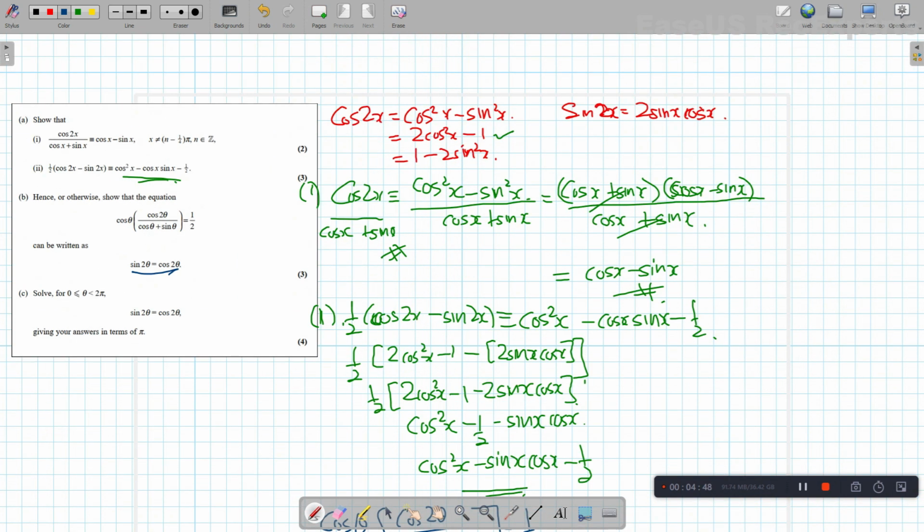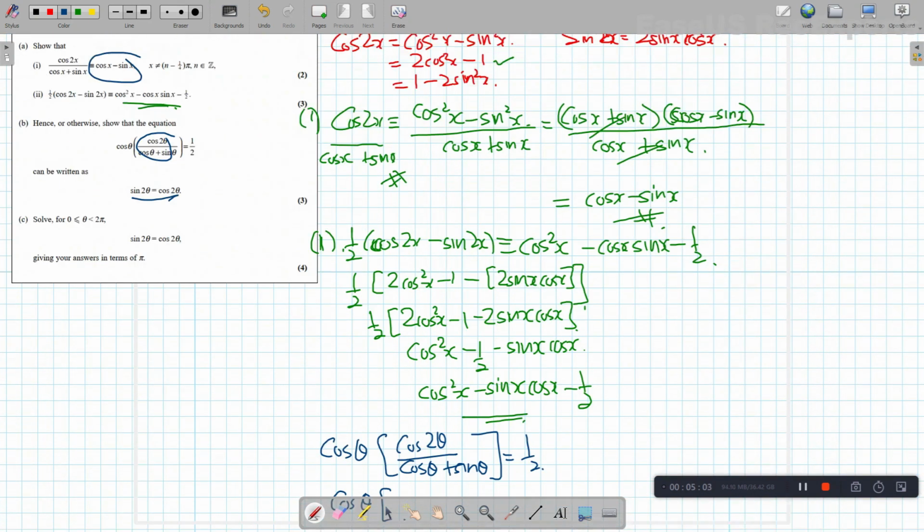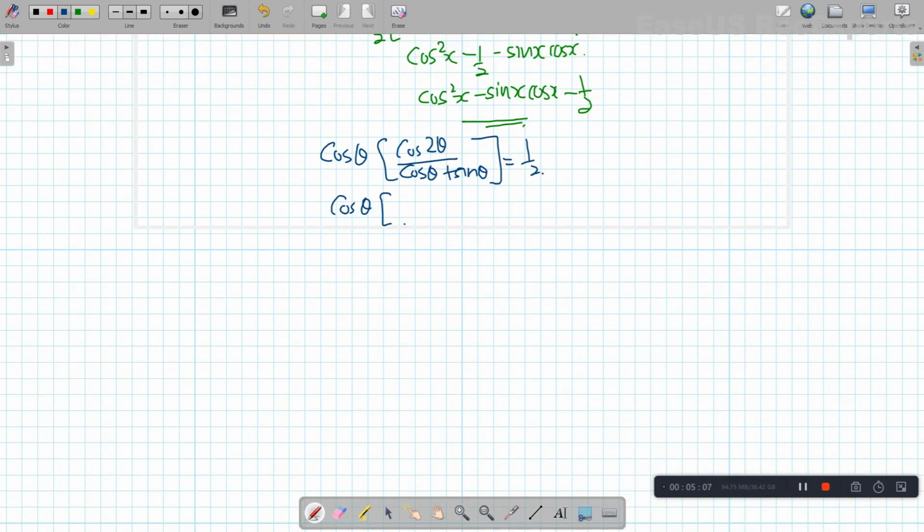Cos 2 theta, can you guys see here? This is the same as the previous one, yes. That's what I was looking for. So that is the same as cos theta - sin theta. So cos theta times (cos theta - sin theta) equals half.